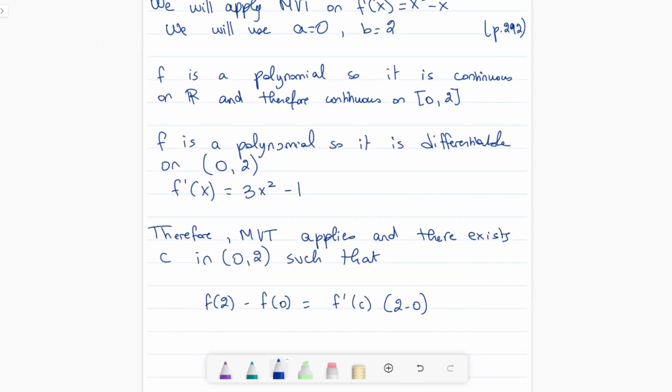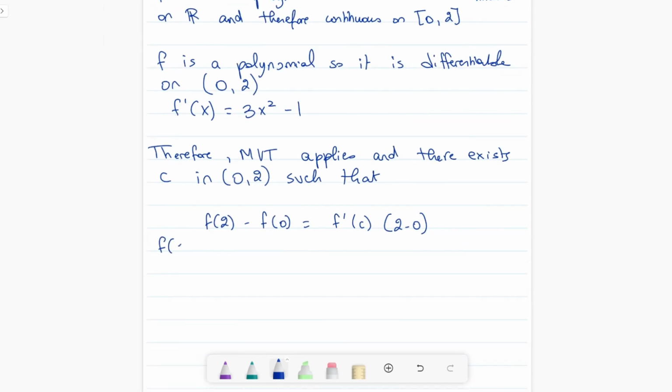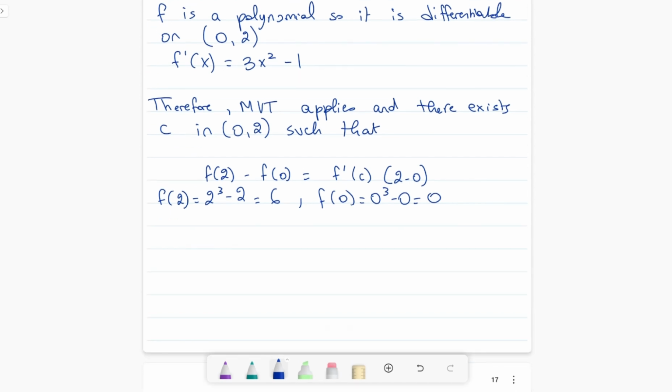The function is x cubed minus x, so f of 2 is 2 cubed minus 2, which gives 6. f of 0 is 0 cubed minus 0, which is 0. And we already found f prime of x to be 3x squared minus 1. So let's replace: 6 minus 0 is equal to f prime of c.